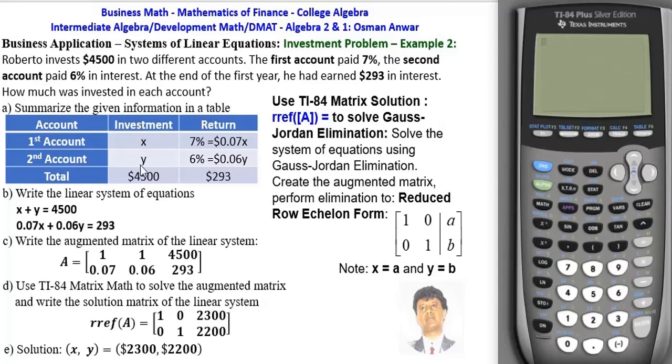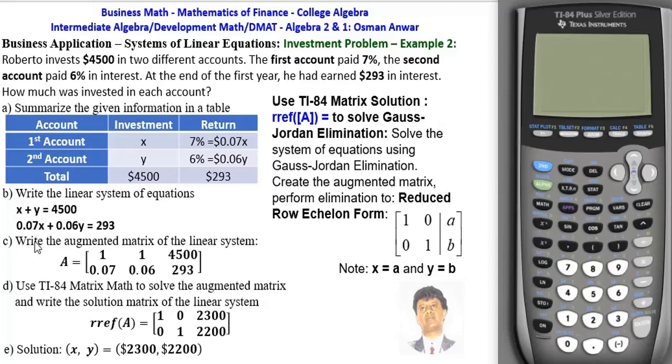The total investment was 4,500 and the return was 293. So we're going to take this table, translated into linear system of equations, which is x plus y is 4,500, 0.07x plus 0.06y is 293.